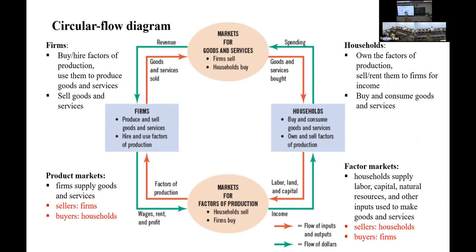You buy goods and services from the firms, and what you give up is money. The green line is the money, the cash flow, and the red line is the goods and factors. The upper one is the product market: as a consumer, you buy services and goods, and you pay money. The lower market is the factor market.